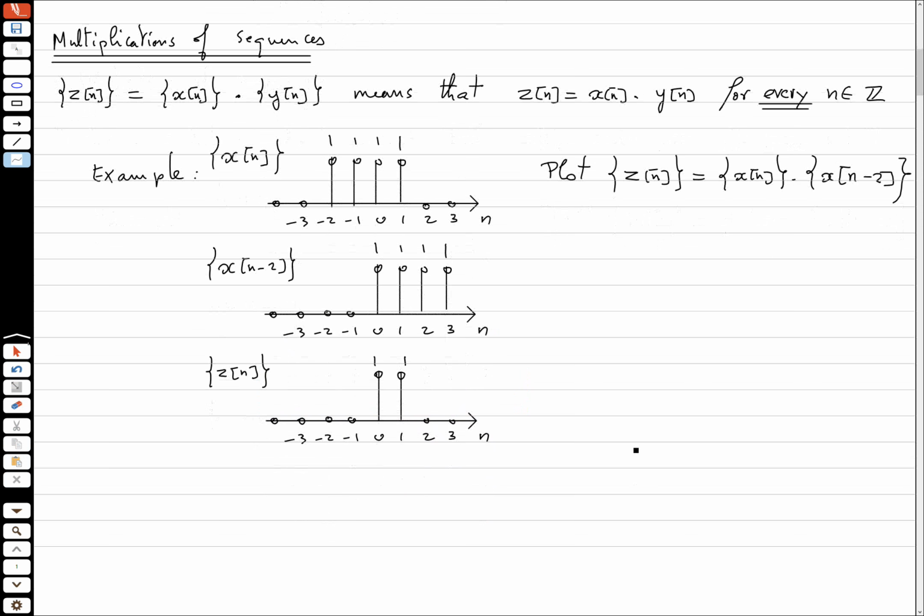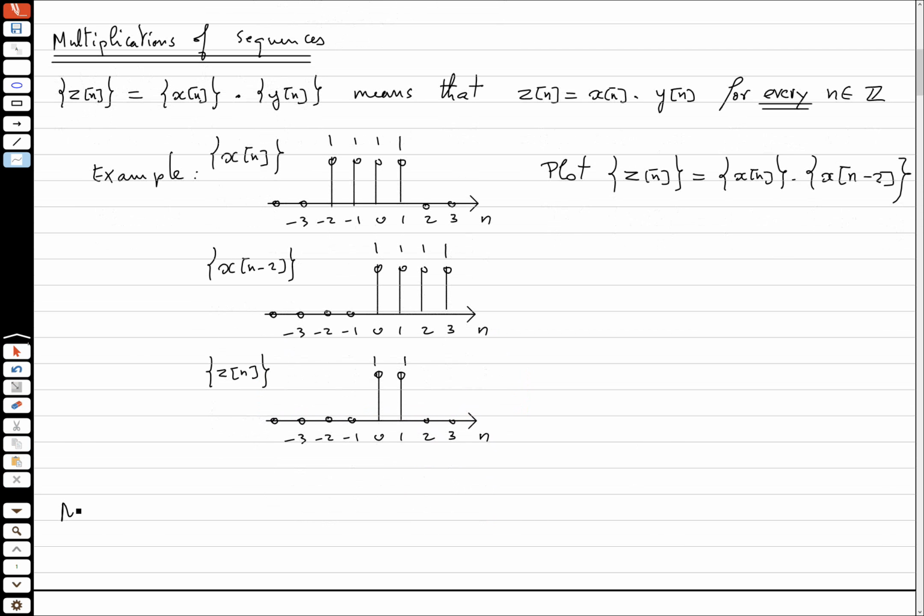Now you also have multiplication of a sequence, or actually, I'm going to call this instead the scaling of a sequence.